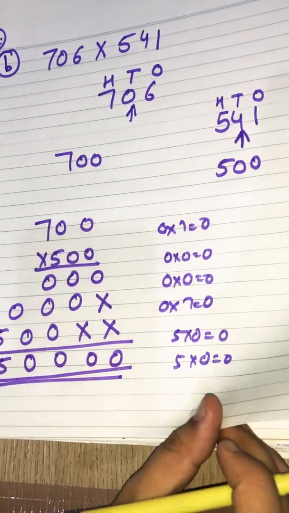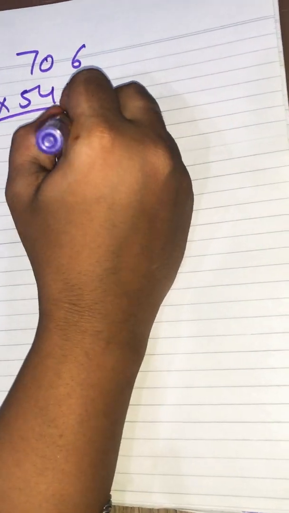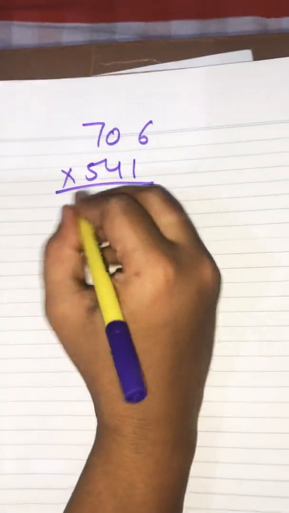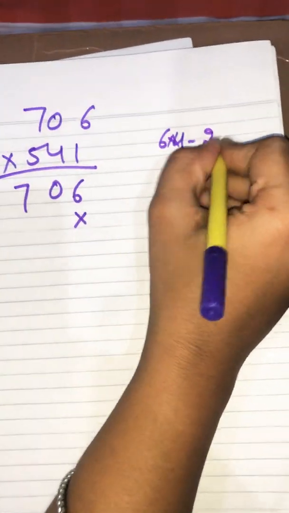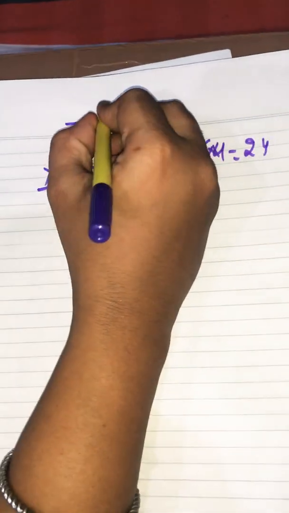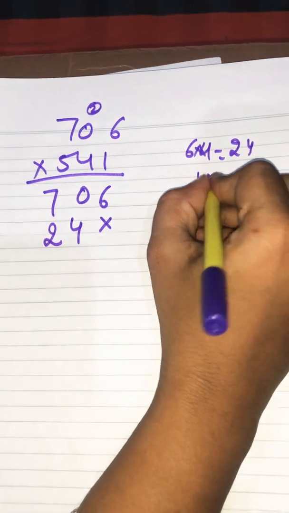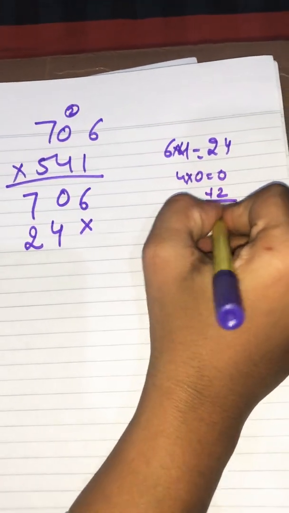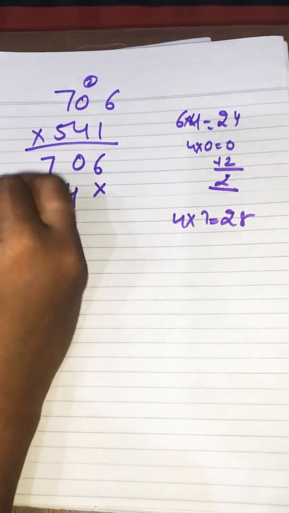But if you want to know the exact value, you can multiply this 706 into 541. 6 into 1, 6; 1 into 0, 0; 1 into 7, 7; 6 into 4, 24; 4 into 0, 0 plus 2, 2; 4 into 7, 28.